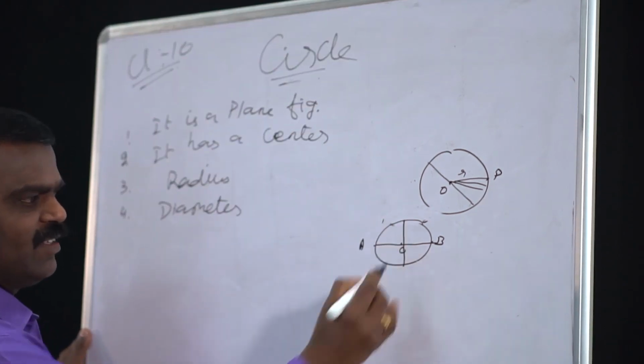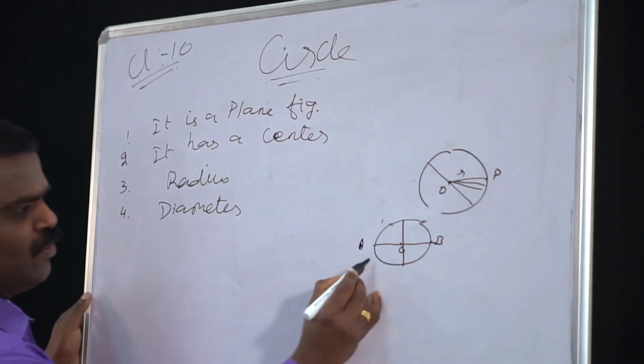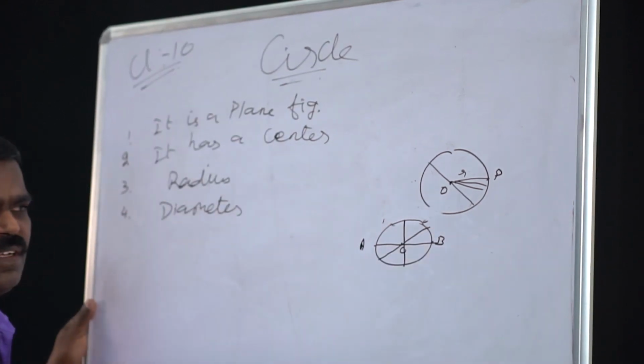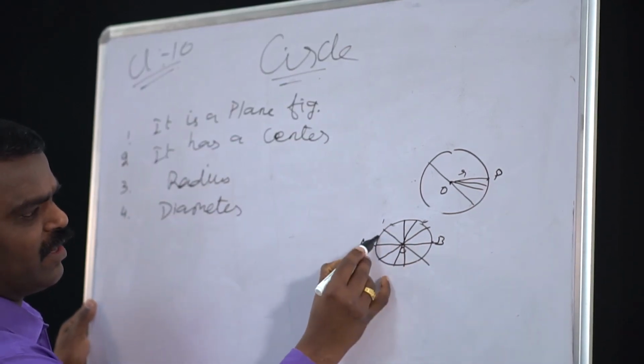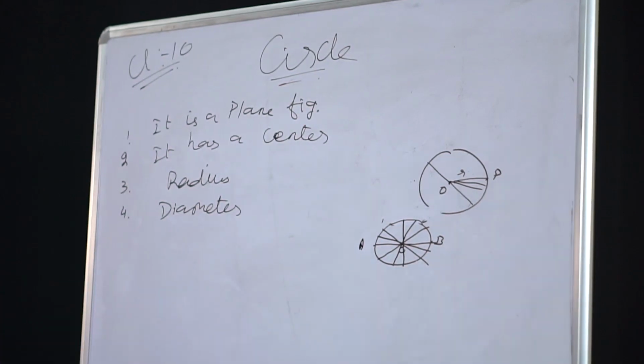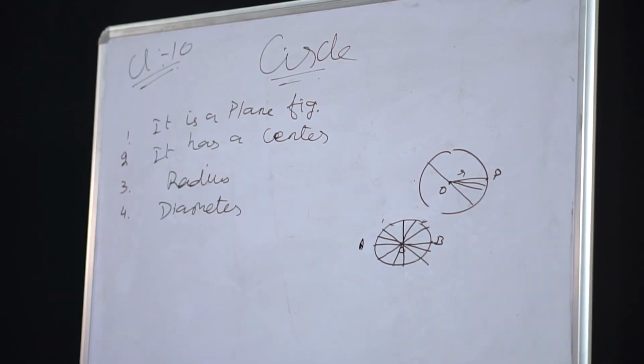We can draw one more, right? Is it only two? No, we can draw one more, right? Is it only three? No, again we can draw, isn't it? So, how many? Millions, an infinite number of diameters. That you have to keep in your mind.